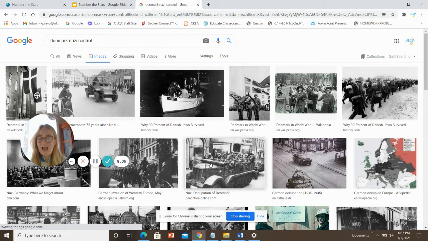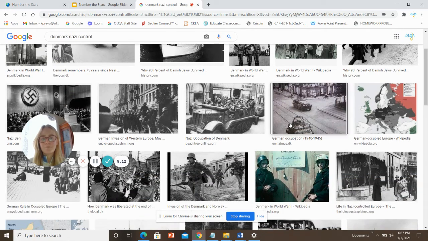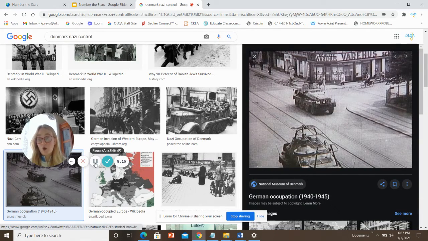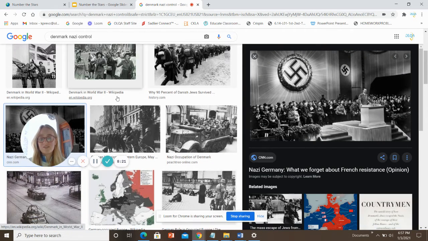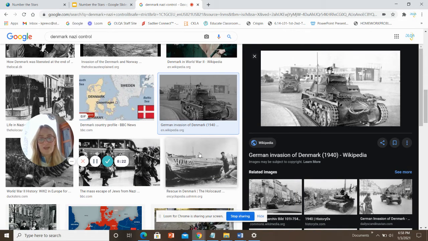So notice how instead of looking like a normal city, we see what we would think of as army tanks going through the city. More soldiers have ruled. We even have speeches and propaganda being shown.